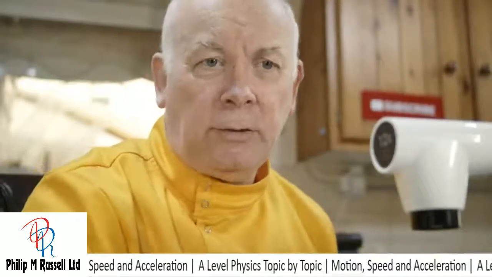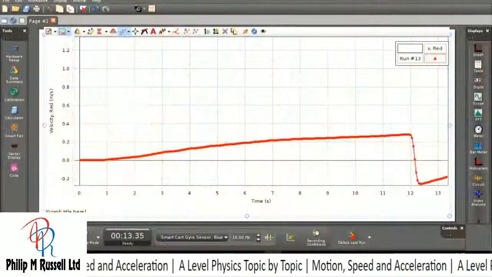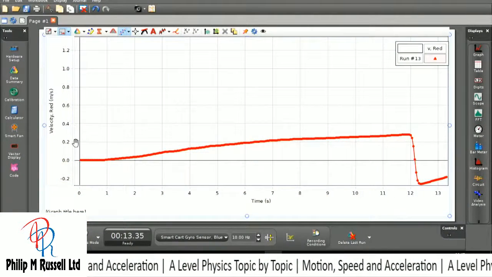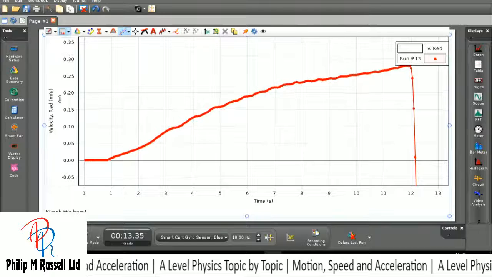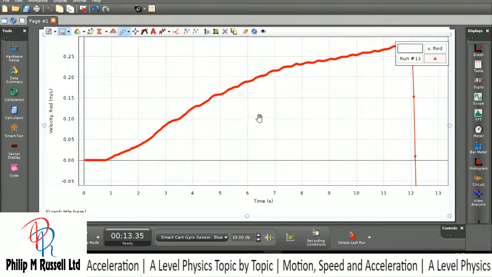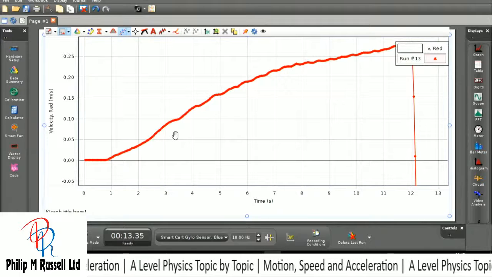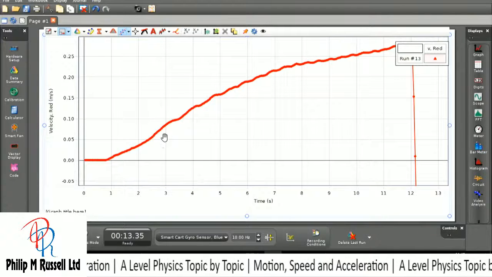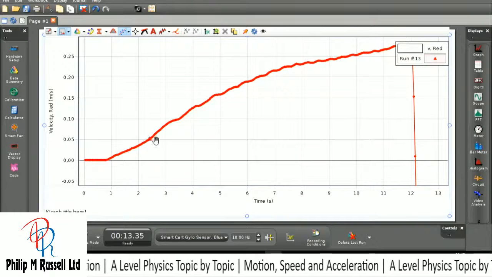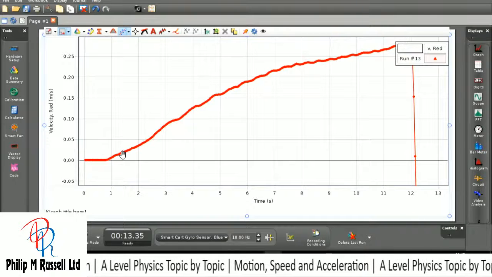Let's have a look and see what happened in this graph. Well, it didn't accelerate very quickly. We can change this, and you can see that we've got a beautifully non-uniform acceleration here. This is anything but a straight line.